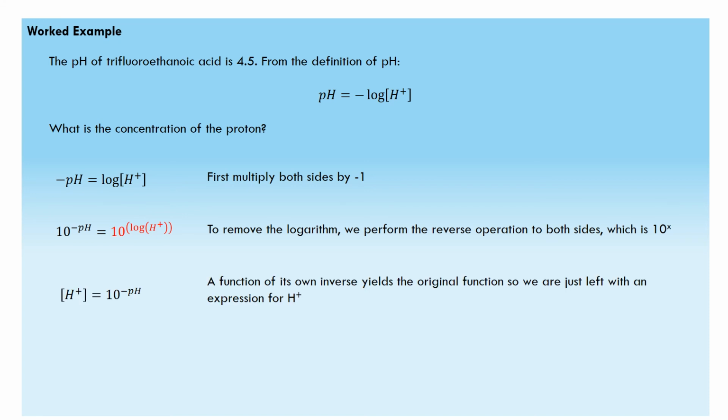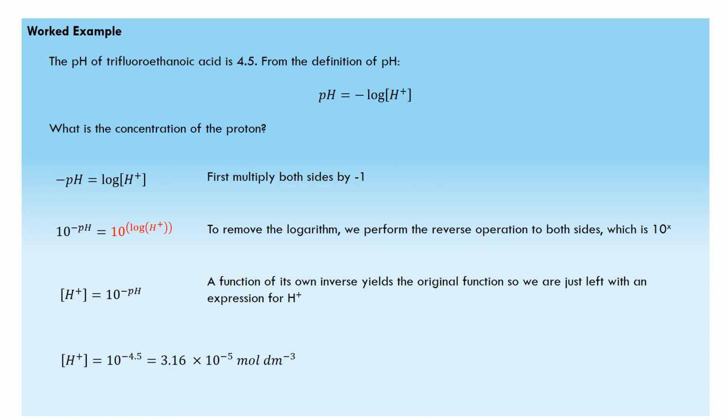But of course, we know that that will remove the logarithmic function from the right-hand side of the equation, and we're left with an expression whereby H plus is the subject of the equation and is equal to 10 to the minus pH.